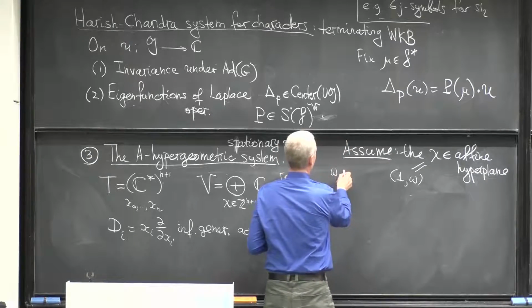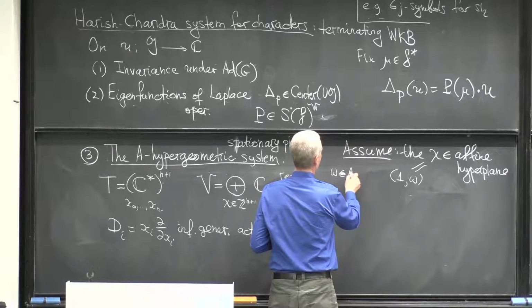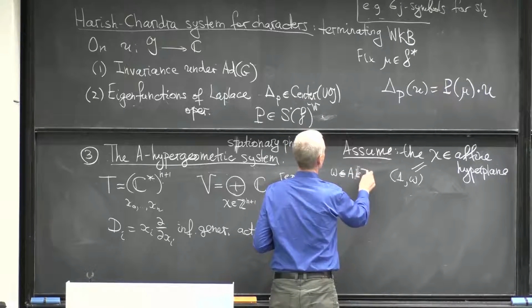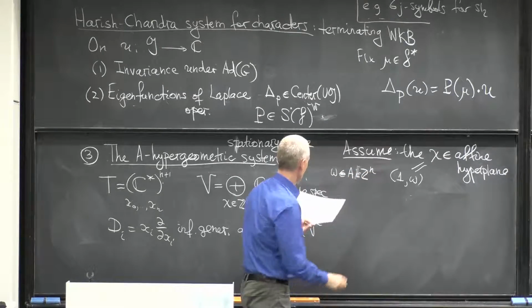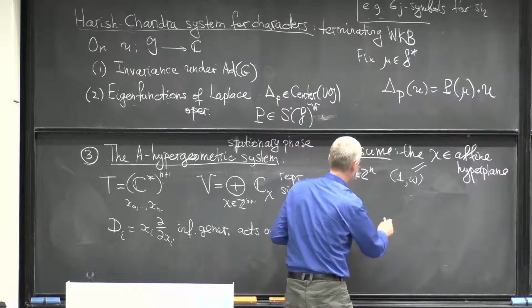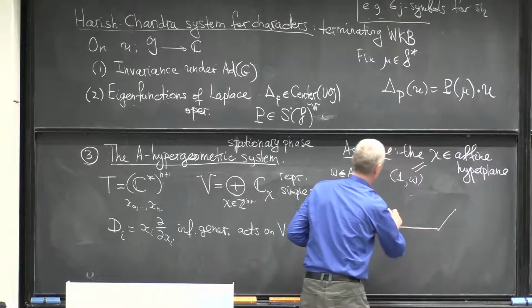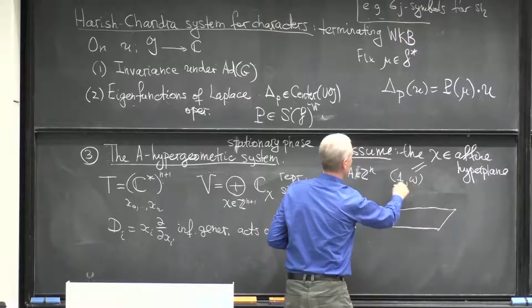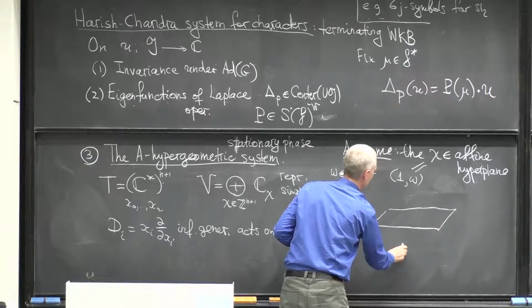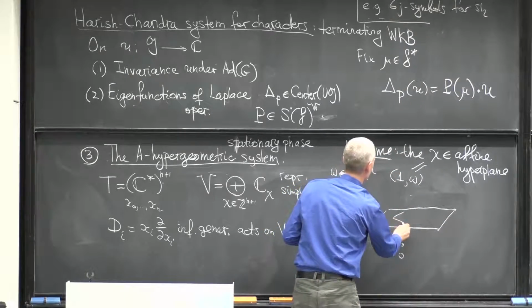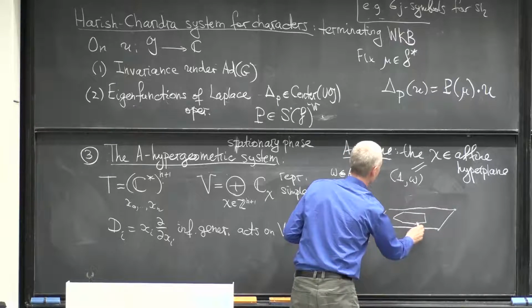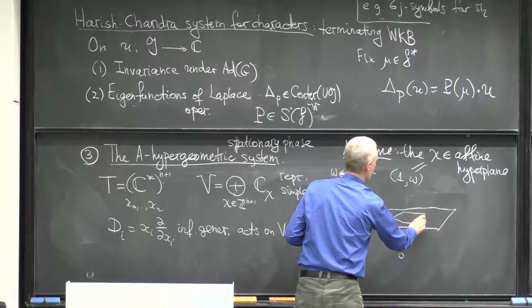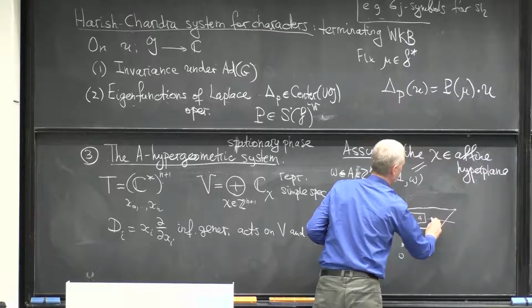And those omega now lie in a subset A inside Z to the n. So let me make some picture here. We have this hyperplane with first coordinate 1. We have the origin. We have this set A, and we have here the polytope.